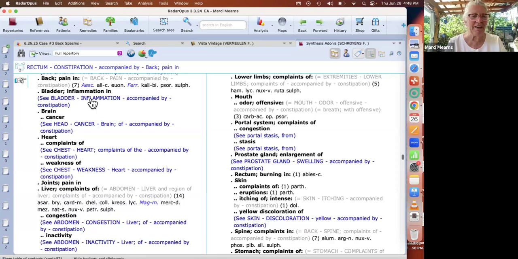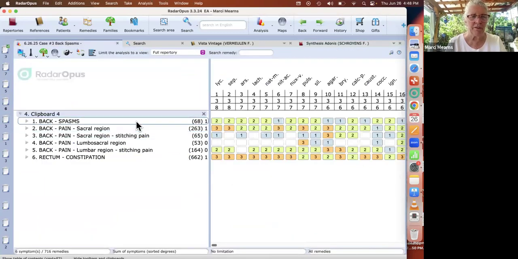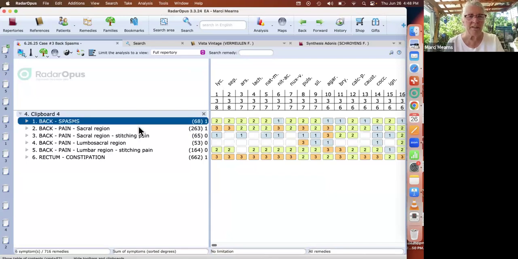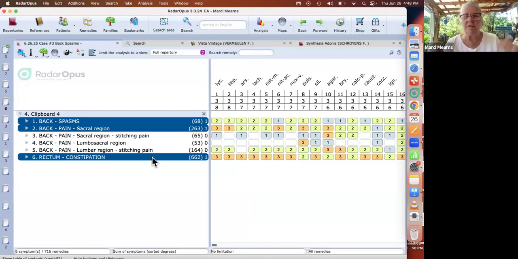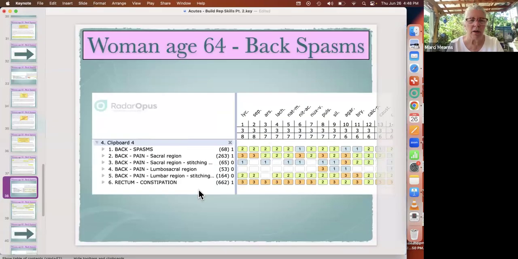It's too small. Okay. So again, what we had to do here to get around that was to just take the back spasms, sacral region pain, and then, yeah, I took the big rectum constipation. Why not? I'd like to see some strong constipation in this remedy. Okay. Let's see where we are. Okay, so that's that, clipboard 4.